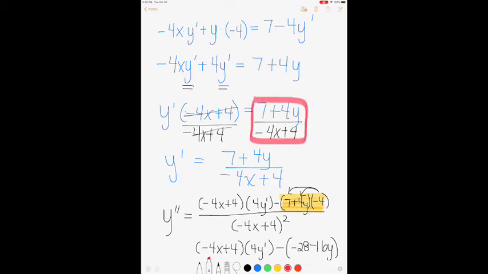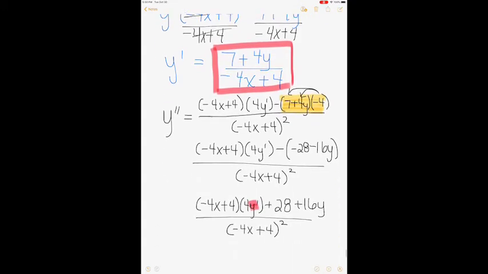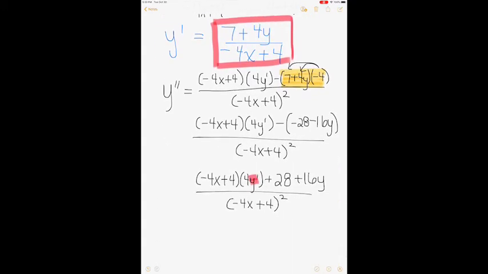That is what y prime is. Well, maybe I should circle this one. That's what y prime is. All right, so wherever I see y prime, I'm going to replace it with 7 plus 4y over negative 4x plus 4.